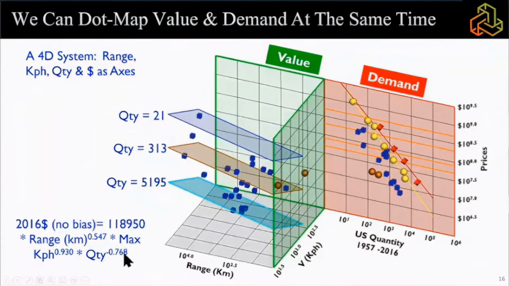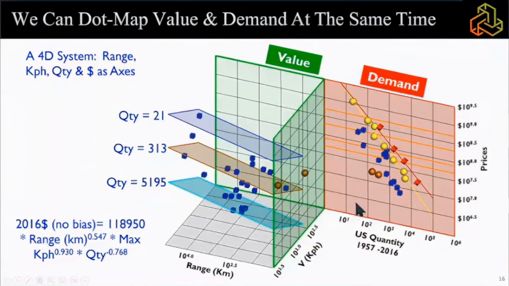And this turns out to be useful for us here. So that means if we wanted to plot a surface, as we've done here, we have to set the surface to a certain quantity. So here's the surface set to 21, which is how many B2s we bought. Here's one set for 313, which matches this UAV. And here's one set to 5195, which matches the F4 from days of yore.